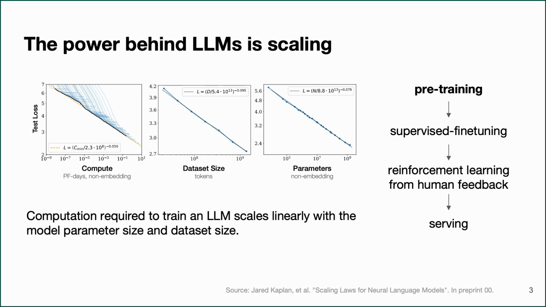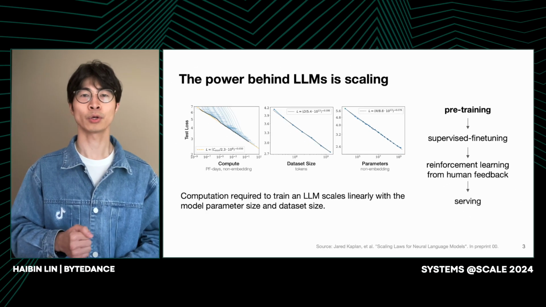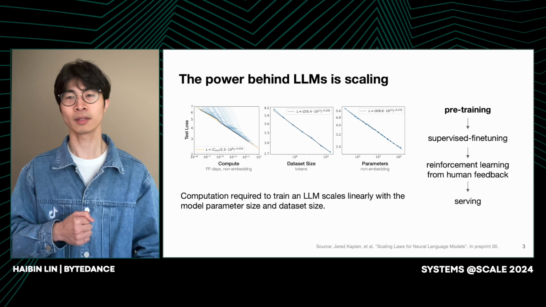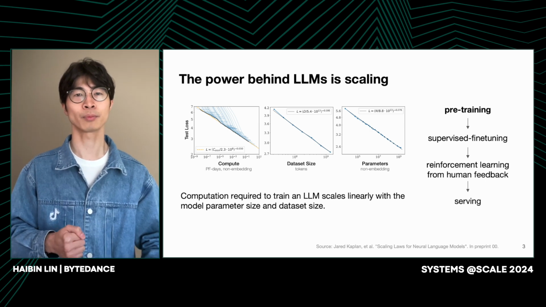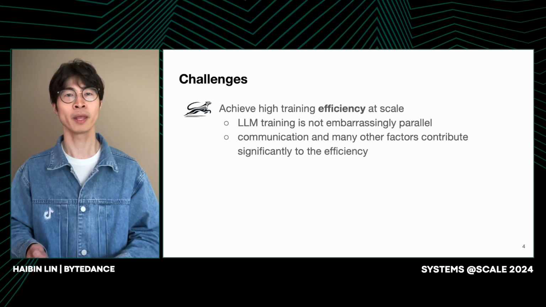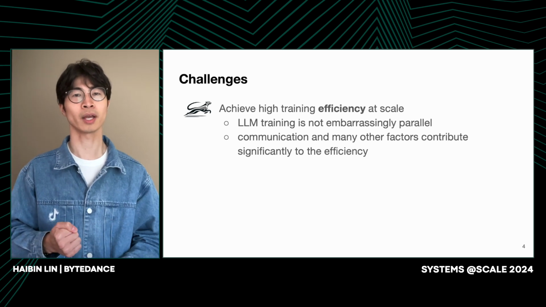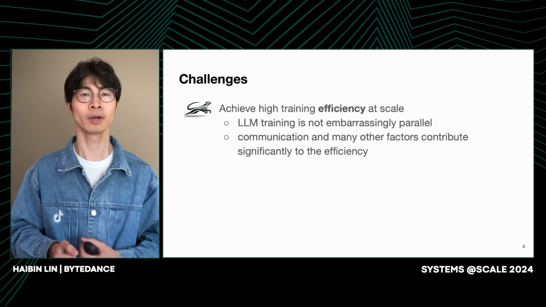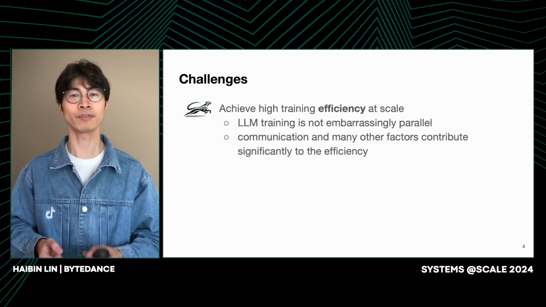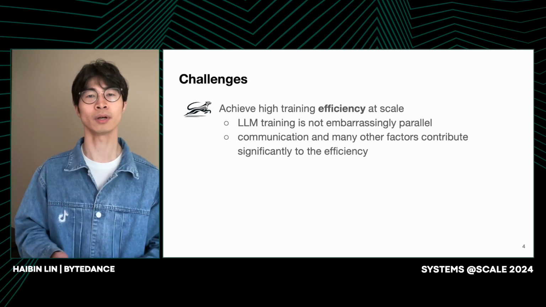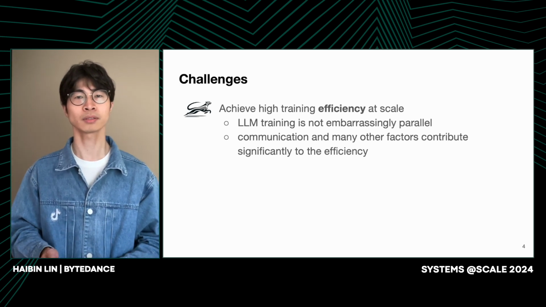and improve the efficiency. In the past, I've been building these kinds of distributed training frameworks and trying to optimize them. And here I'm really excited about the challenges we have. There are mainly two. One is training efficiency at scale, because each training takes a few months.